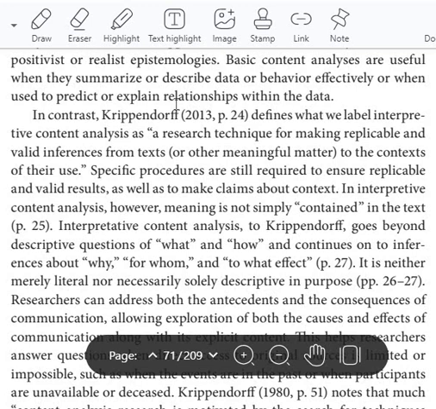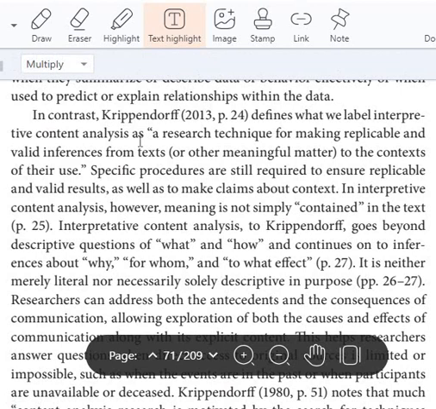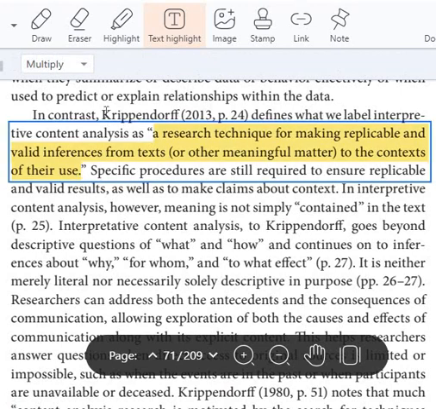Krippendorff in 2013, on page 24, defines what we label interpretive content analysis. So this is the definition of interpretive content analysis as seen by Krippendorff. He says that it's a research technique for making replicable and valid inferences from texts or other meaningful matter to the contexts of their use.